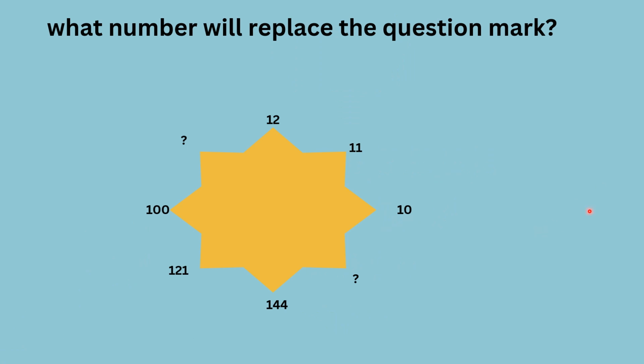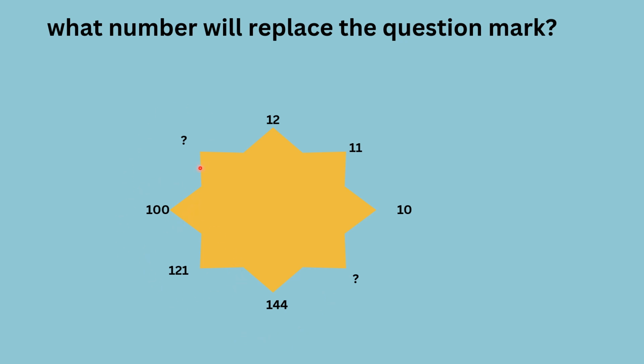So the other question asks what number will replace the question mark. As you see, 1 2 3 4 5 6 7 8, it's also called an octagon as we have 8 vertices. And then we see the numbers are 12, 11, 10, so they are decreasing. If we go clockwise, here we have the question mark, and then we have 144, 121, and 100.